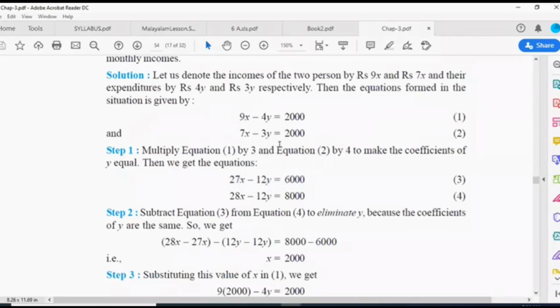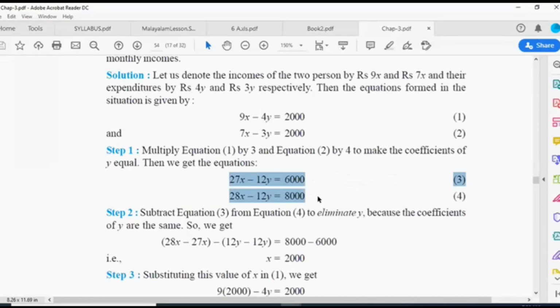After that, you multiply the second equation by 4. What will you get? 4 times 7x is 28x, 4 times minus 3y is minus 12y, and 4 times 2,000 is 8,000. Now we have two new equations, which we name 3 and 4. What will happen if you subtract one from the other?